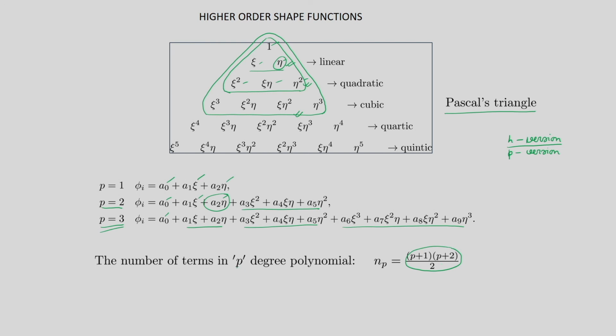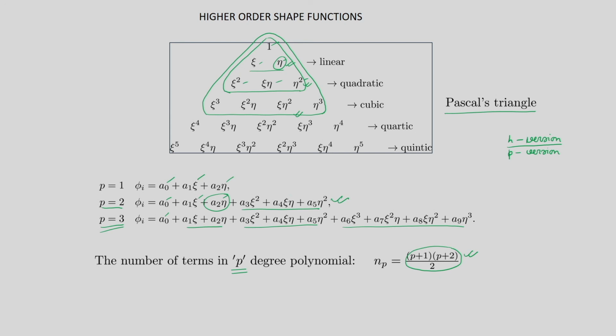So that is why the total number of terms for pth degree polynomial, NP, is (p plus 1)(p plus 2)/2. If we put p equal to 2, we get 3 into 4 divided by 2, that is 6. So we will have 6 terms for quadratic shape functions.